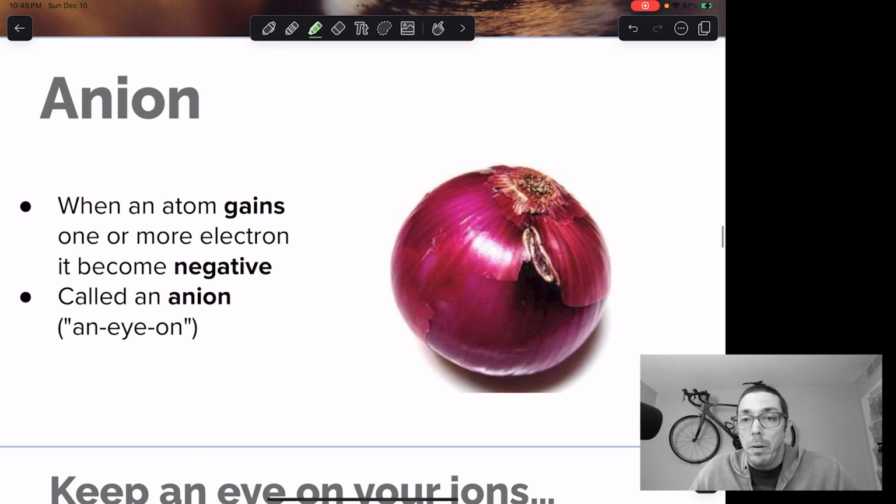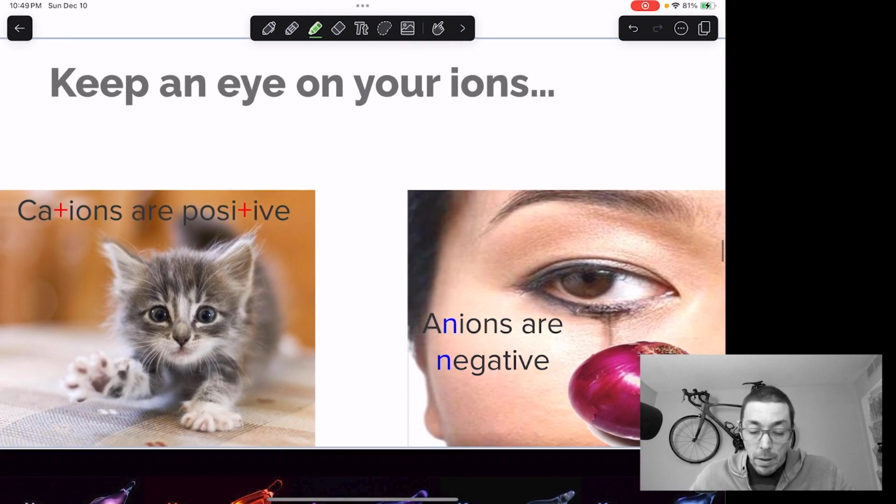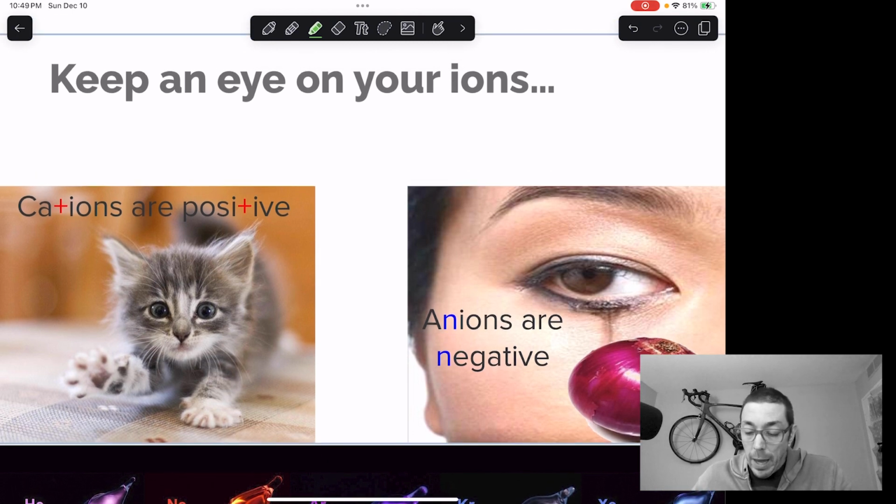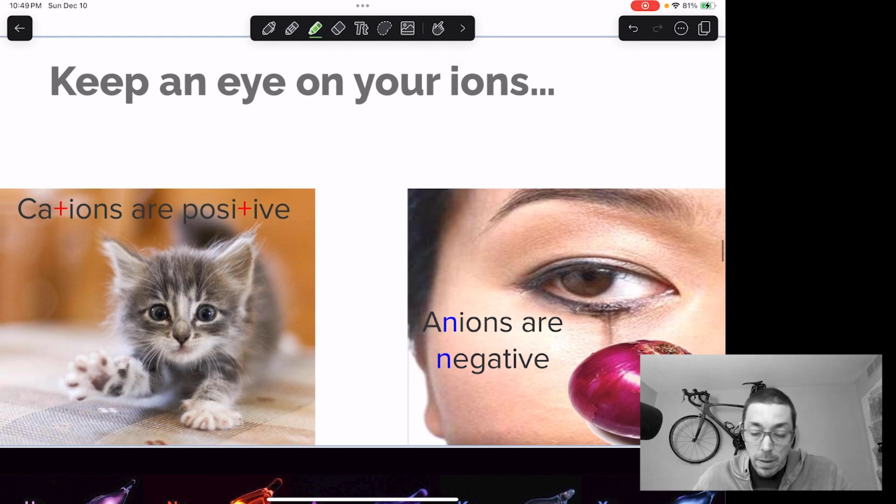Anion sounds similar to onion, and when you cut onions, they make your eyes water, which makes you sad. So you can think of that as a negative experience. Anions gain extra electrons, and anion is the special term for negative ions. Keep an eye on your ions. Cations are positively charged. Anions, with the N, are negatively charged. So there you have it.